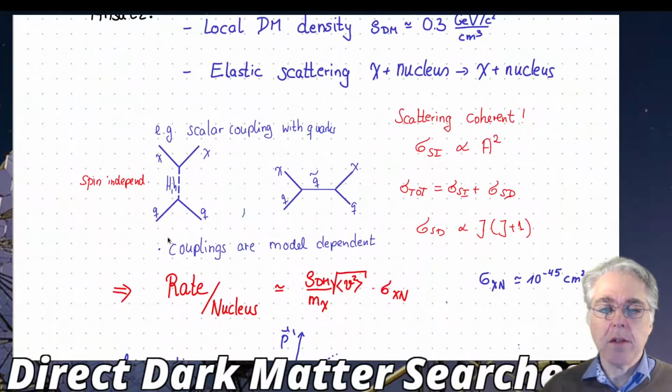And in more specific model settings, it's possible to calculate the cross-section directly. It's usually calculated by looking at these kinds of Feynman graphs. This is a scalar coupling with quarks that I'm considering here, and this leads to spin-independent scattering.